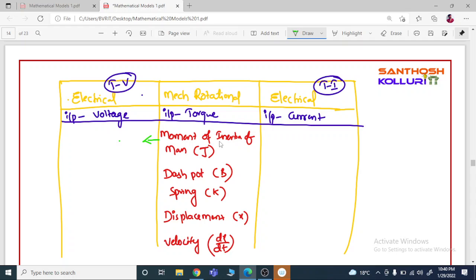In torque voltage analogous, moment of inertia can be represented with inductor. Dash pot can be represented with resistor.